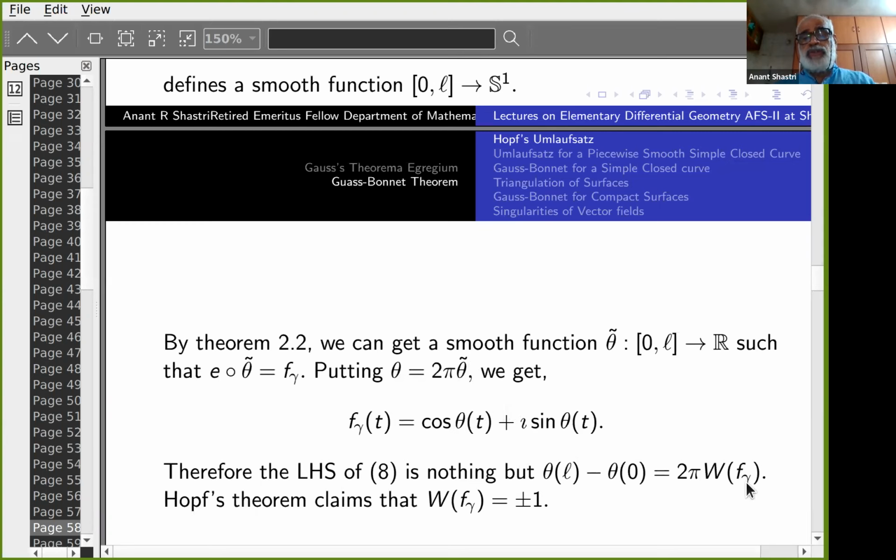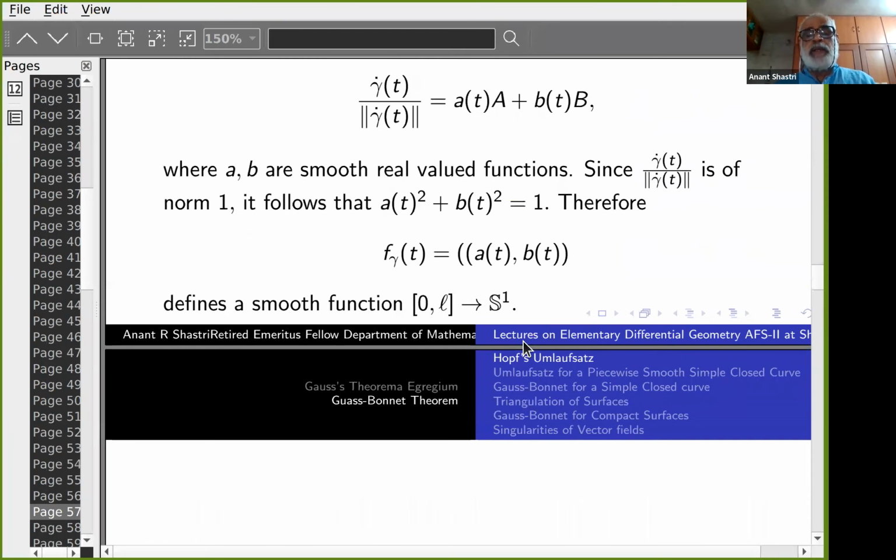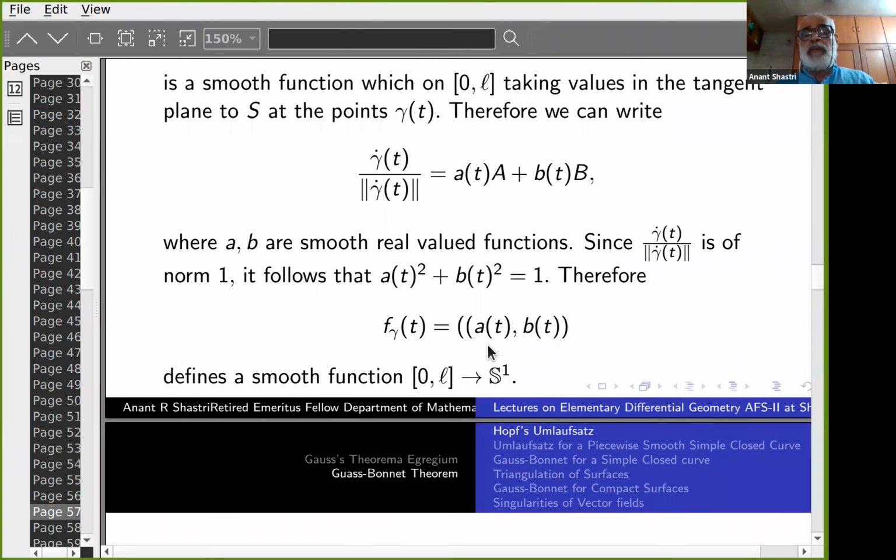So this winding number I have used, W of gamma is the same thing as delta of f gamma. I have to prove that this is equal to plus minus 1, which will mean that because there is a 2 pi multiplication, this integral will be equal to plus minus 2 pi. Remember, the integral of a differentiated function, by the fundamental theorem of integral calculus, is nothing but theta b minus theta a.